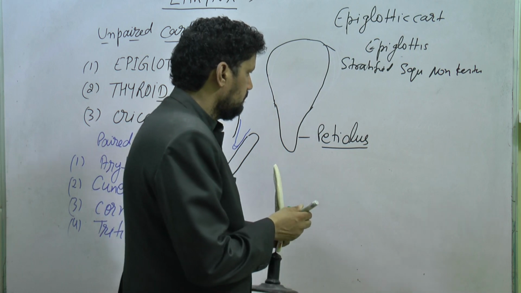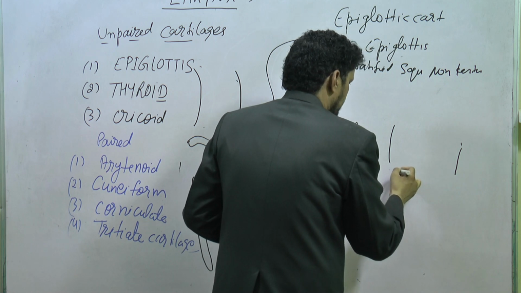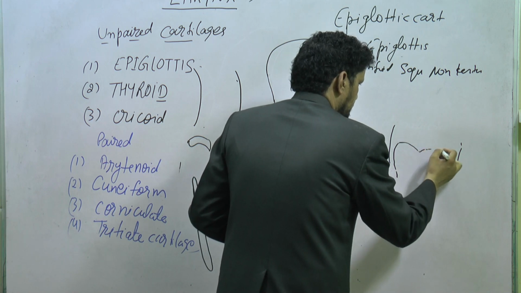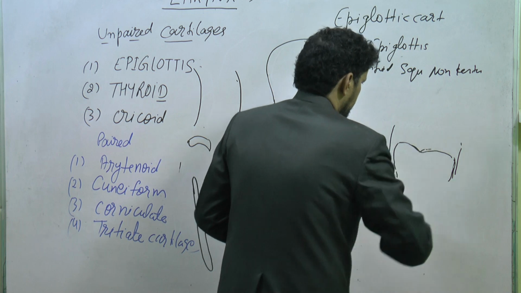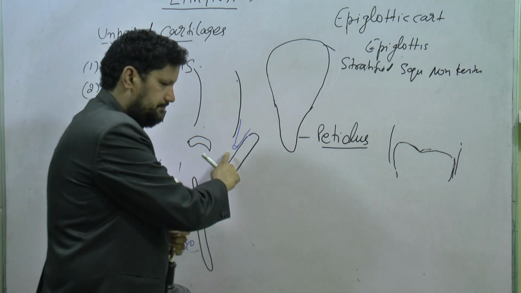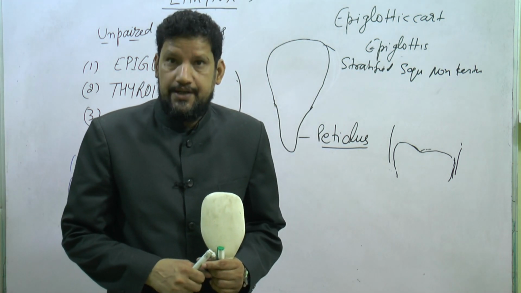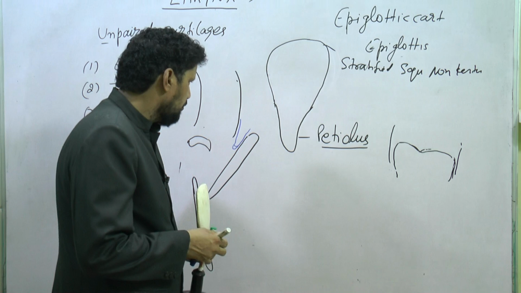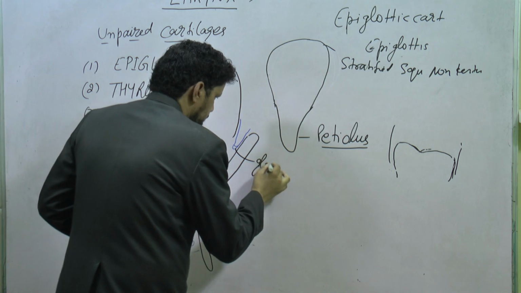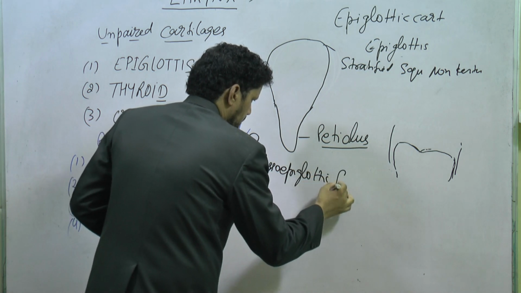So this is the lateral wall of the pharynx, reflecting from the epiglottis to the lateral wall of the pharynx and posterior surface of the tongue, forming one median and two lateral glossoepiglottic folds.